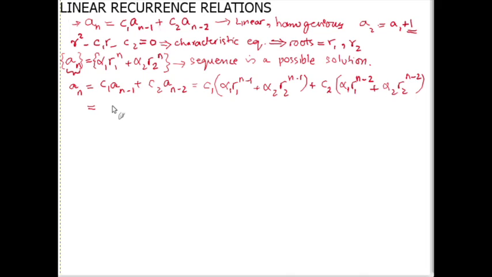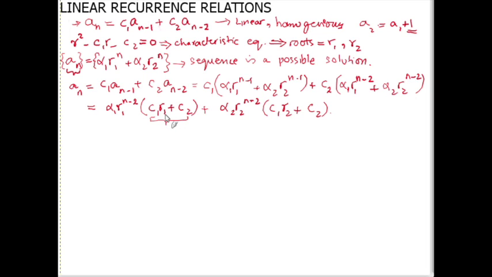We can take alpha 1 r1 to the n minus 2 common, and we can use c1 r1 plus c2, and then plus alpha 2 r2 to the n minus 2 times c1 r2 plus c2.